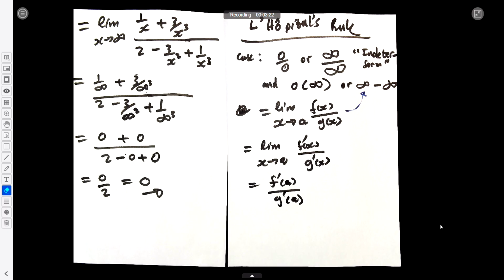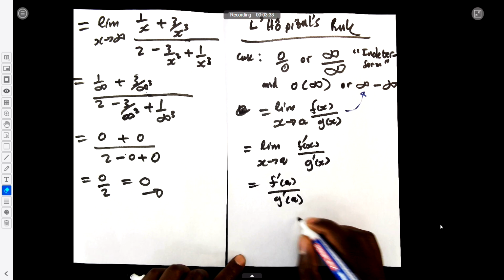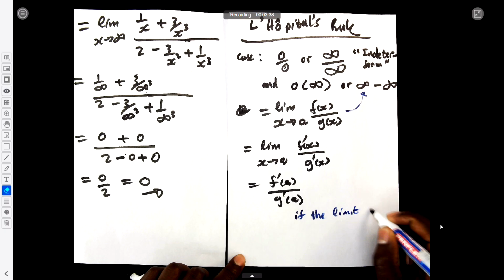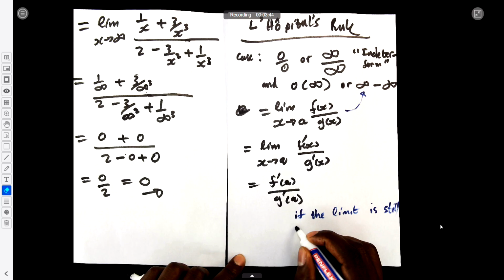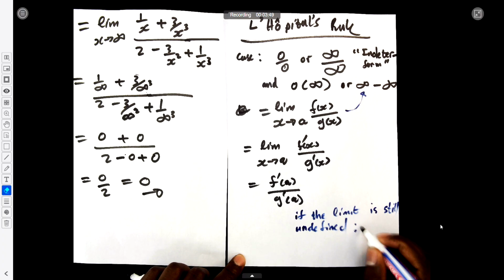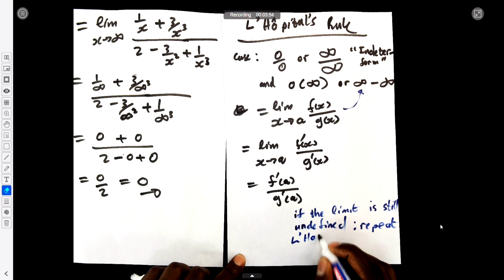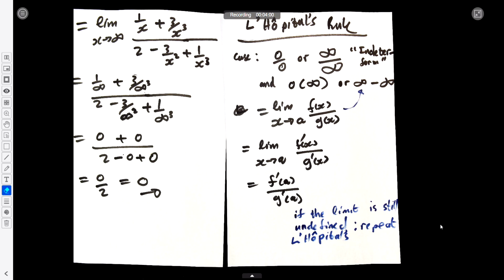If we substitute and still get an indeterminate form, undefined in this way, we repeat L'Hopital's rule. If the limit is still undefined, therefore you repeat L'Hopital's rule.